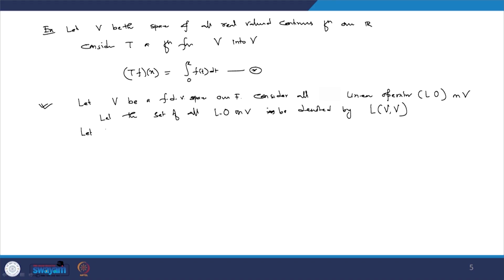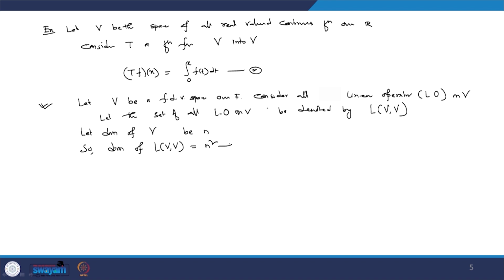Let the dimension of V be n. So, the dimension of L(V,V) will be equal to n square.